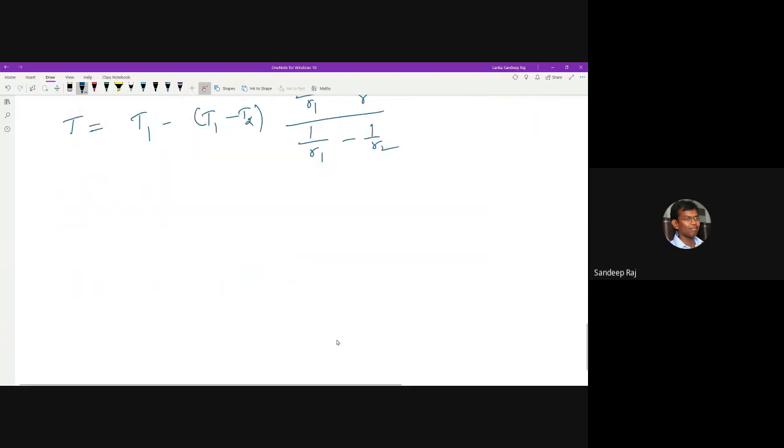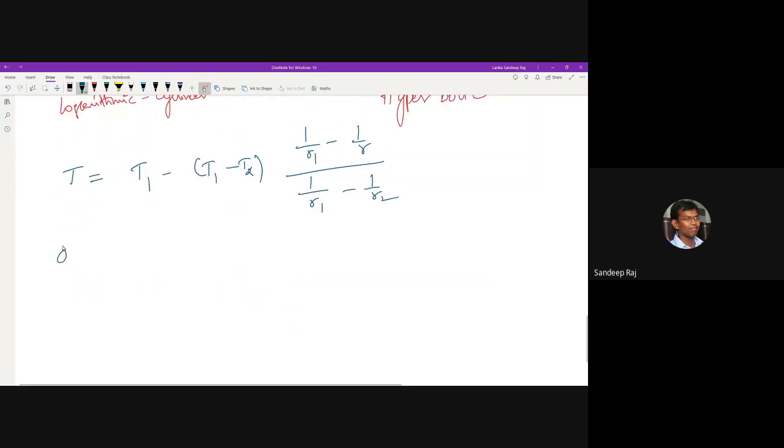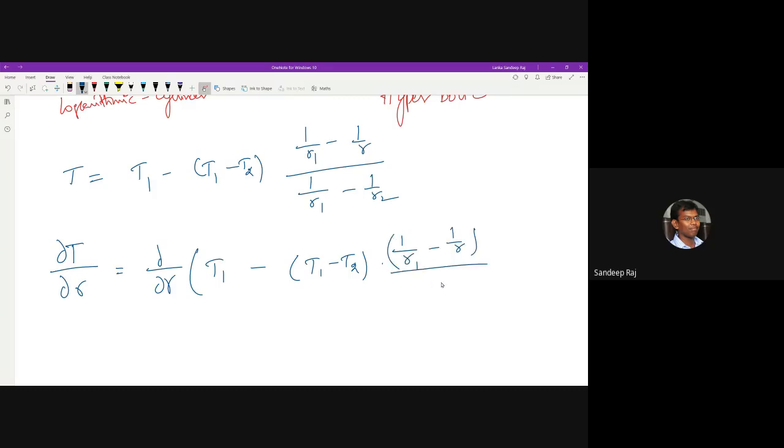Now, I'll differentiate this equation T with respect to R. So what I get here is dou by dou R of T1 minus T1 minus T2 into 1 by R1 minus 1 by R by 1 by R1 minus 1 by R2.